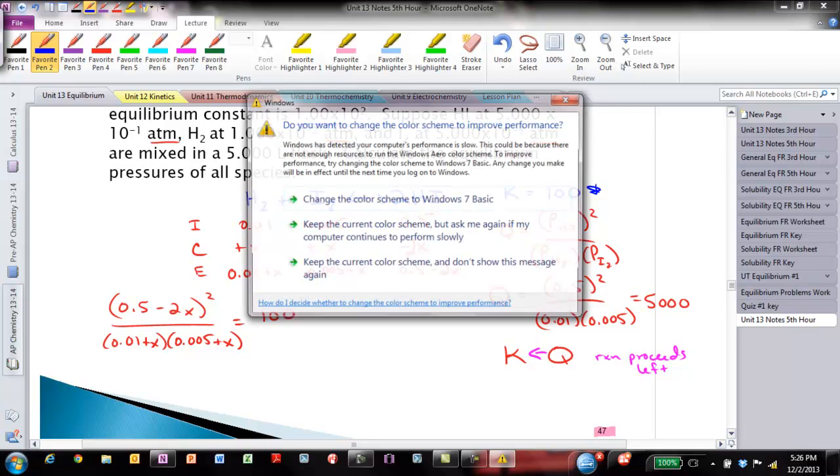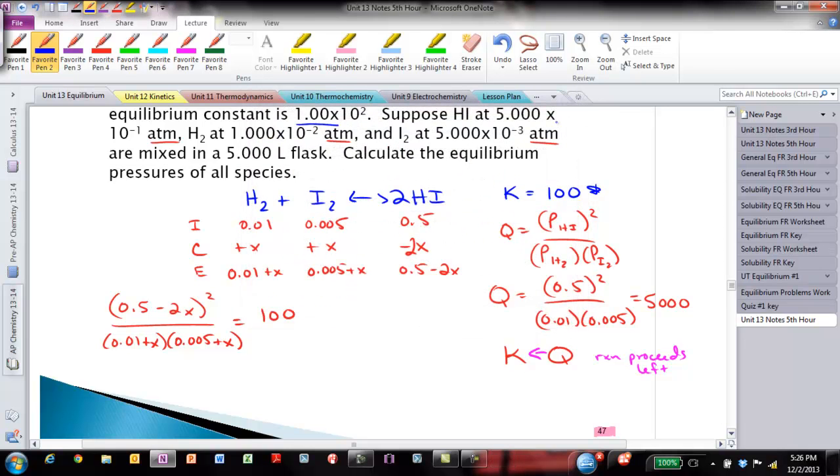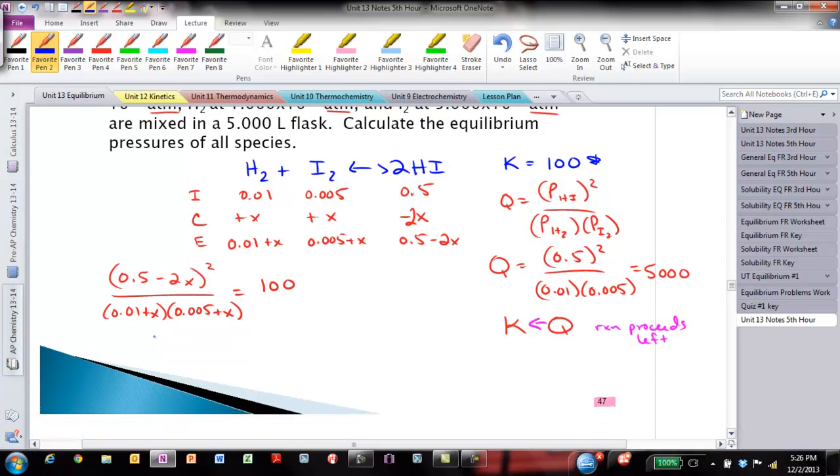We're going to have to distribute, FOIL and then distribute the 100. I'm going to go ahead and FOIL out the 0.5 minus 2x. So 0.25 minus 2x plus 4x squared has got to equal 100 times 5 times 10 to the negative fifth plus 0.015x plus x squared.